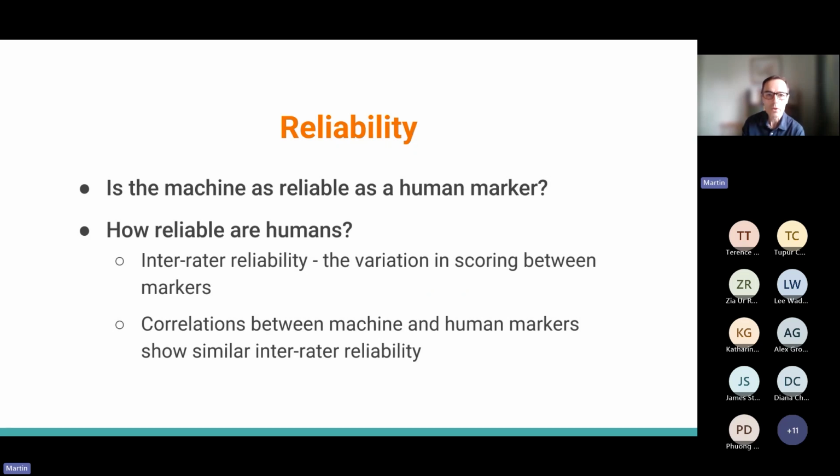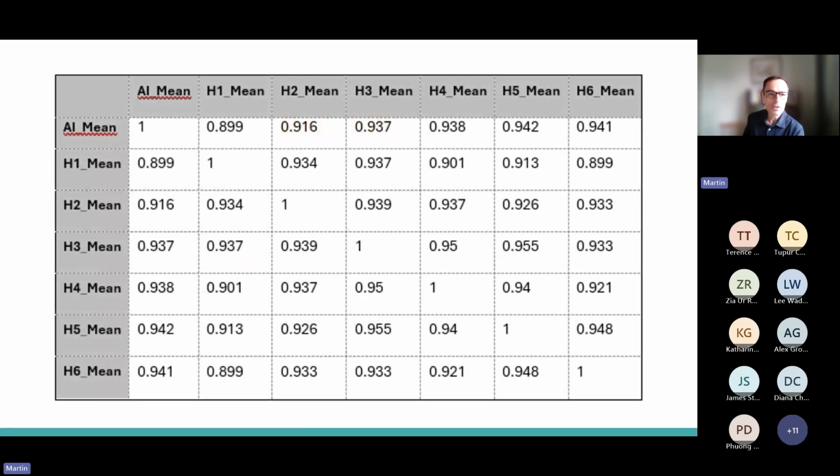And so one of the statistical analyses we did with this test was to measure the inter-rater reliability between the machine and human markers. We wanted to see whether the machine was effectively performing like very good human markers. On this slide are some statistics, and we had 6 expert markers, people who are very used to marking high stakes tests, and our AI test.